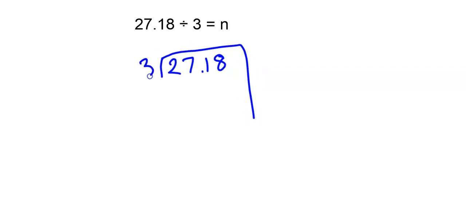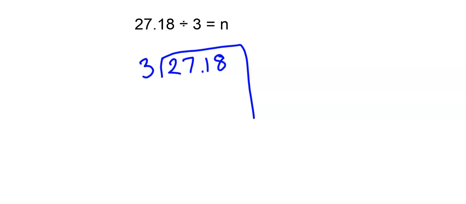Now I have 27 and 18/100 divided by 3. You can pause the video and practice this one and come back and we'll do it together. So I have 27 and 18/100, and I'm going to divide it by 3.